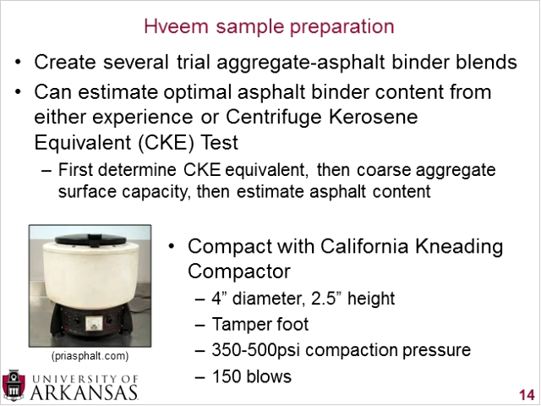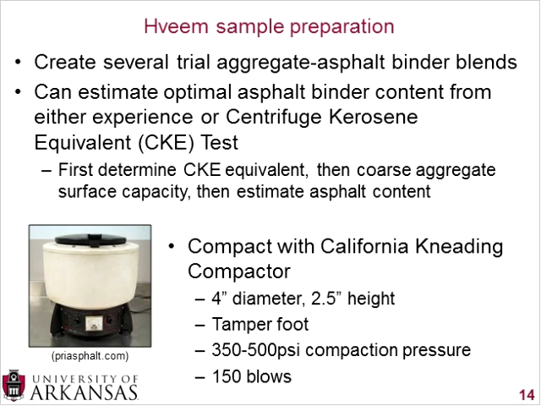But another way to do this, if you have no experience, is using the centrifuge kerosene equivalent, or CKE test. And what this does is it uses a centrifuge and kerosene as your liquid to come up with what's called a CKE equivalent, and that helps you find the coarse aggregate surface capacity, and from that number you can estimate your asphalt content.